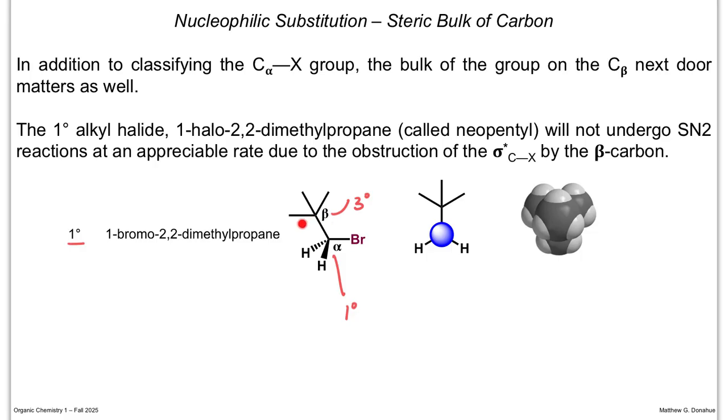So because that beta carbon is tertiary, it's given this name neopentyl. It has the same effect where it's inhibiting access to that anti-bonding orbital. So even though it meets the sort of rate requirement for classifying the carbon as primary, the hindrance of that beta carbon essentially shuts down any substitution because the anti-bonding orbital is blocked.